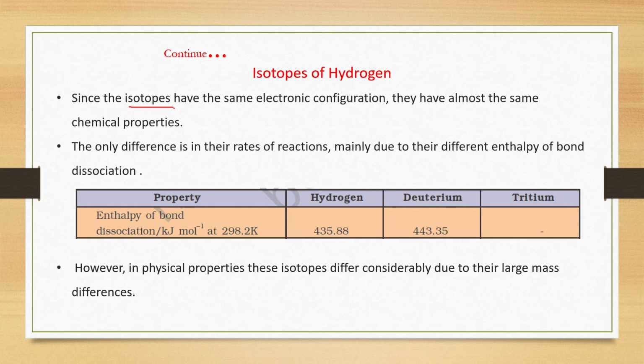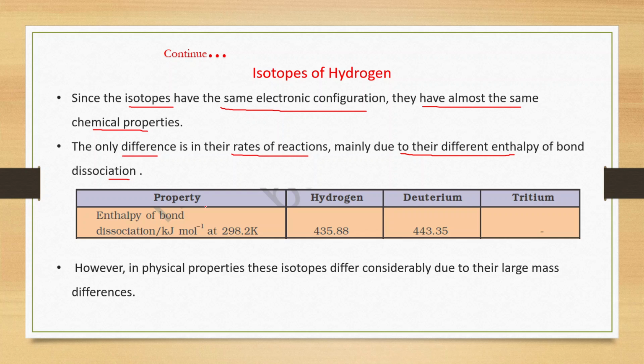Since the isotopes have the same electronic configuration, they have almost the same chemical properties, because chemical properties depend on the electronic configuration, on the number of valence electrons. The only difference is in their rates of reactions, mainly due to their different enthalpy of bond dissociation.